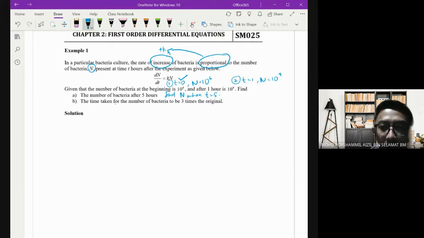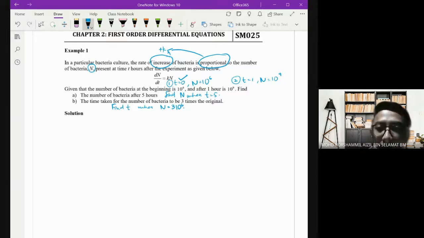Maksudnya dia kata find t untuk part B pula. Find t when N is 3 times the original. Maksudnya N tu akan jadi 3 N naught, ataupun 3 times 10 power of 6. Boleh faham tak? 3 kali ganda yang original. Original yang awal tu lah, 10 power of 6 tu.